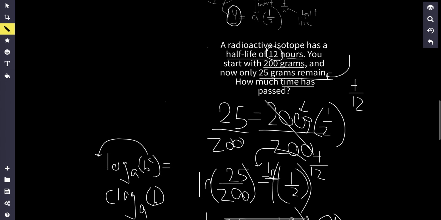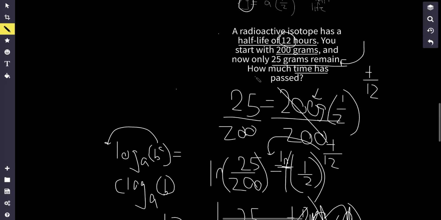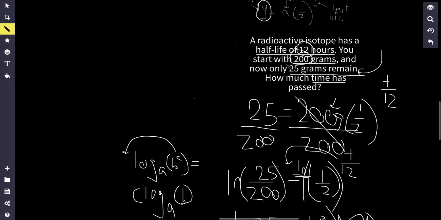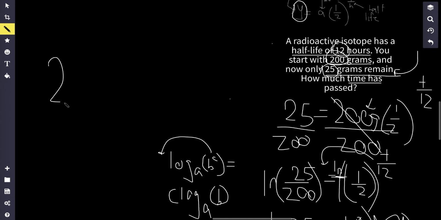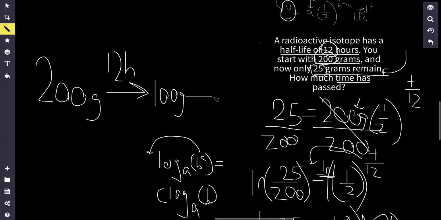And that's the answer. Now, think about it. This kind of makes sense. You start off with 200 grams and you have 25 grams remaining. One half-life takes 12 hours, so after 12 hours we're left with 100 grams, half of what we originally had. After another 12 hours, we're left with 50 grams, another half.